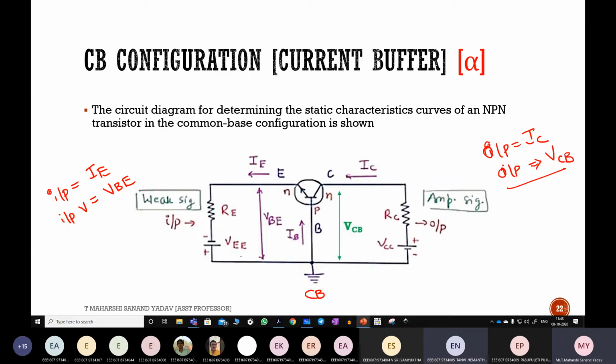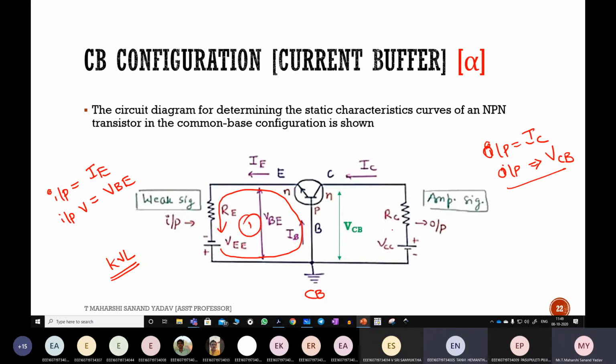Now I hope you are perfect with KVL, right? Can anyone apply KVL within this first loop and tell me the answer? See, from positive to negative, it is something like this. Apply KVL in loop number 1 and tell me the answer.